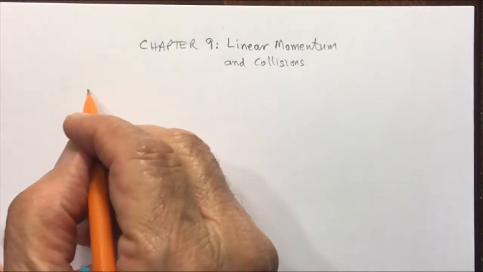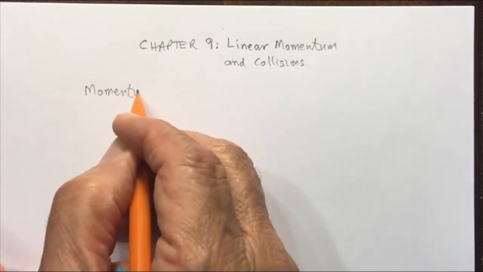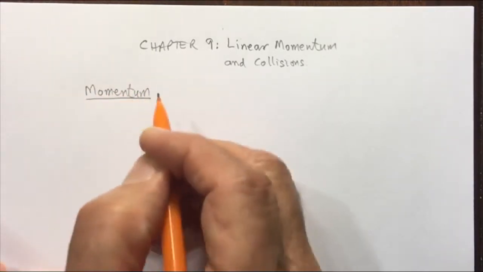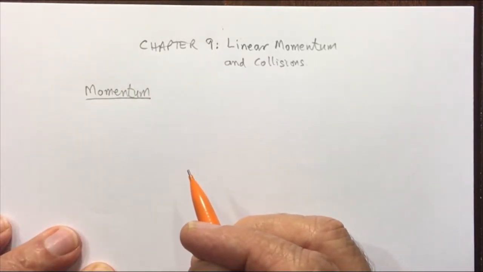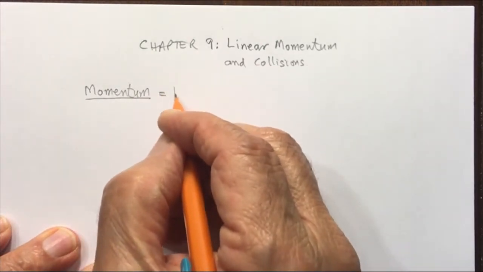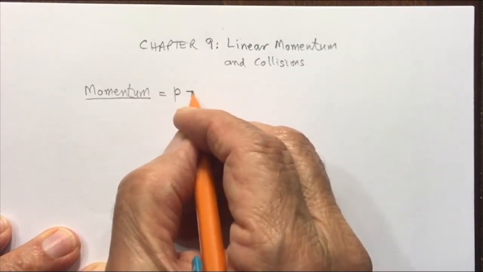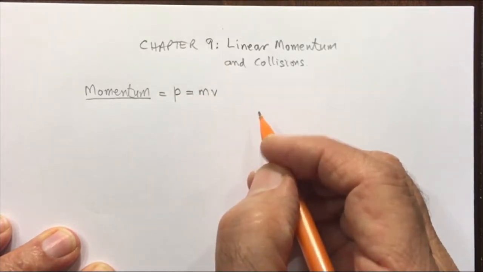So first, what is momentum, or rather linear momentum? In a later chapter we will see another kind of momentum, which is angular momentum. Momentum, the symbol is a lowercase p, and it is defined as mass times velocity.